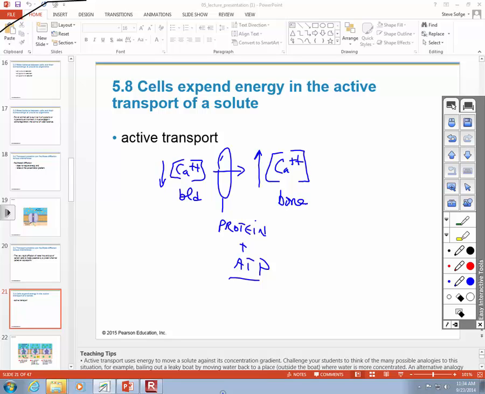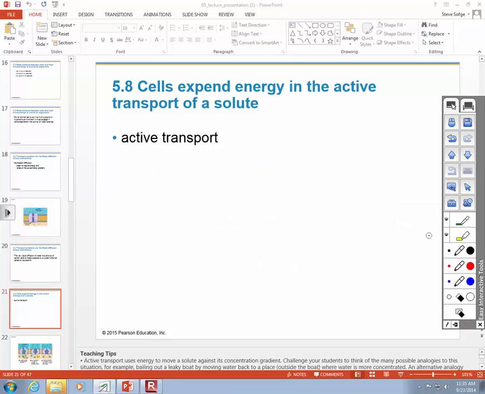That's not the only example we could give you, but it's probably one that most people could easily identify with and go, okay, I get that. I can see how that would require energy, and some sort of protein to make sure it could get into the bone.